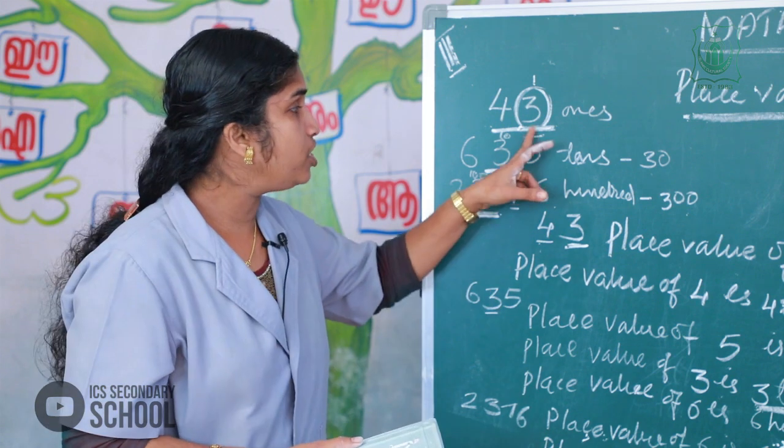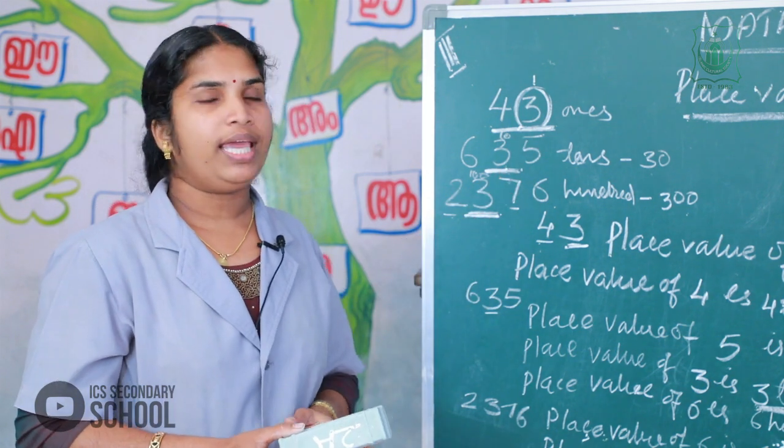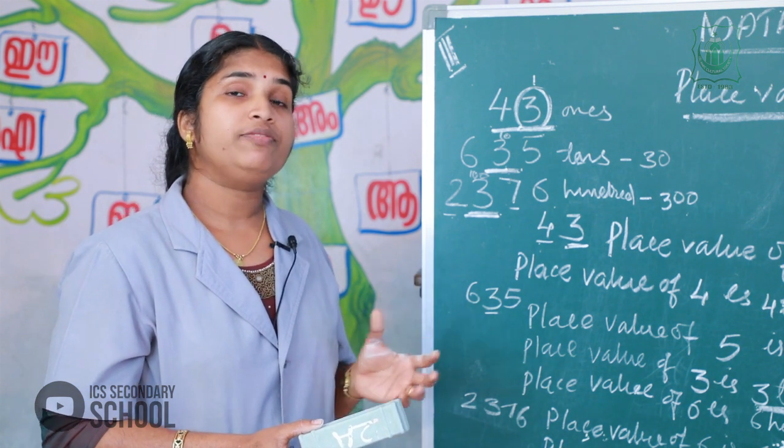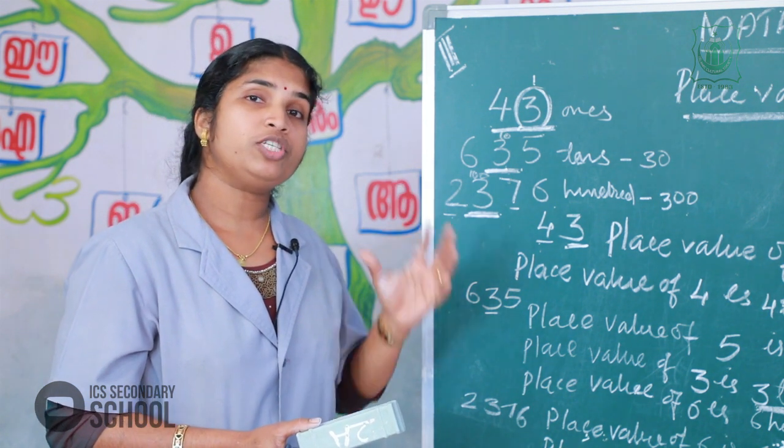In 43, the place value of 3 is in the ones place, here the tens place, here the hundreds place. So the place value of a number depends on the positions of the number.